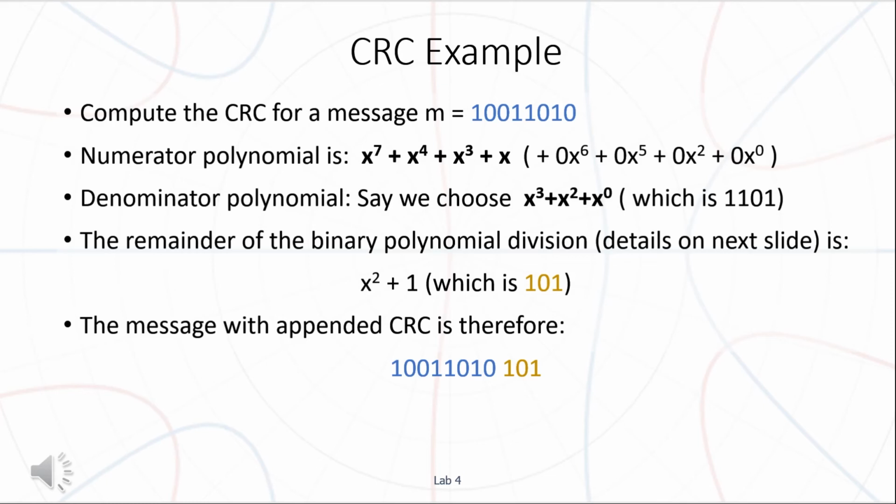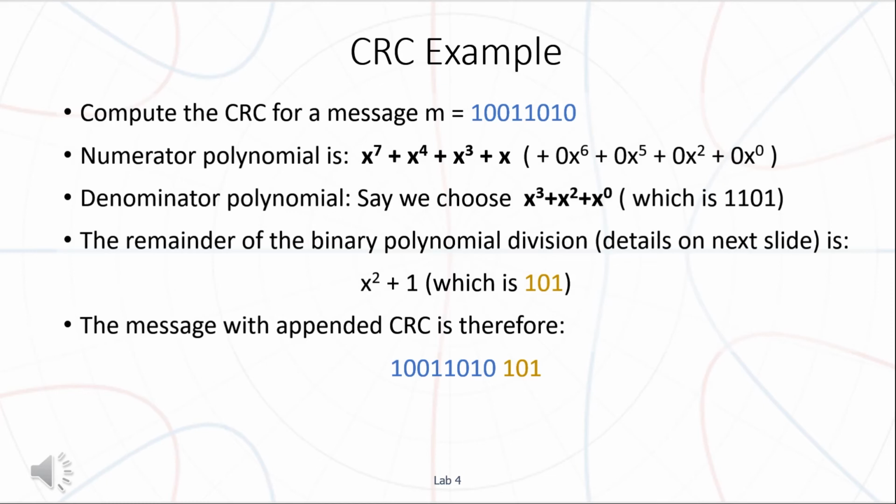Then we choose a denominator polynomial. For example, let's say we choose the 3rd order polynomial, x to the 3 plus x to the 2 plus x to the 0. This is equivalent to 1, 1, 0, 1. The result of the binary polynomial division, and the details will be shown on the next slide, is x squared plus 1, which is equivalent to a CRC of 1, 0, 1.